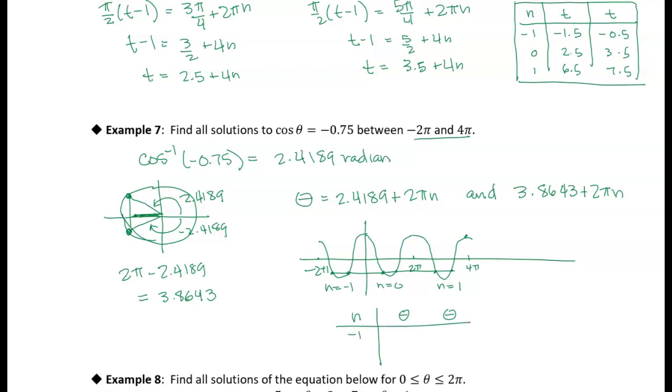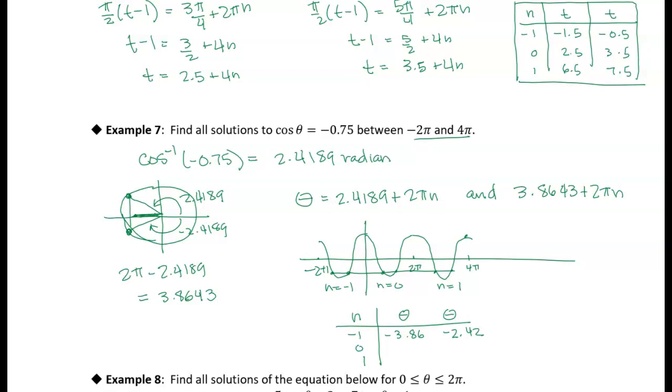So negative 1, 0, and 1. For negative 1, I got negative 3.86, rounding it off. And this one is going to be negative 2.42 if I round it to 2 digits.